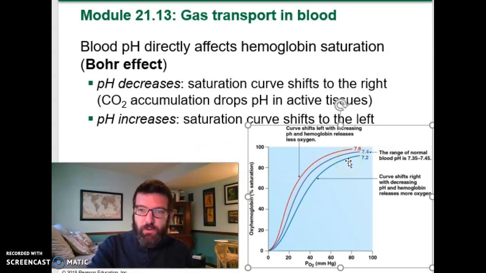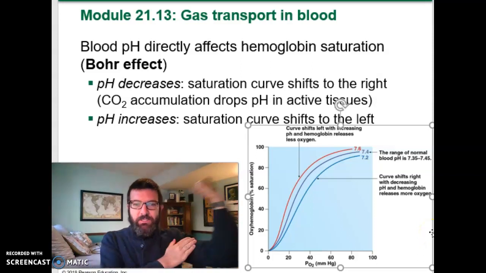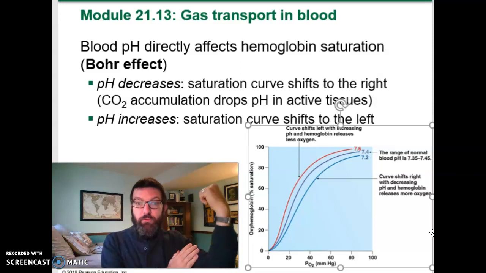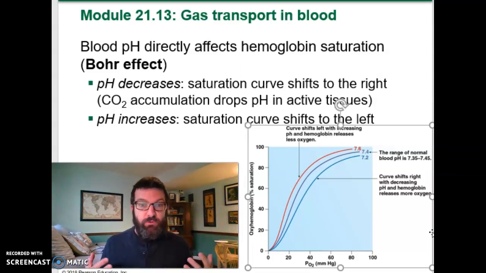Hemoglobin is also less good at holding on to oxygen in more acidic environments. So these are your hemoglobin saturation curves typically at your normal pH. Up here is at a slightly alkaline pH, and here is at a slightly acidic pH. Well, as I am cranking through oxygen here, I'm also producing CO2, because CO2 is a product of cellular respiration.